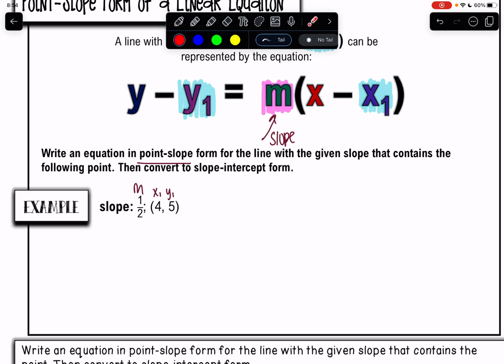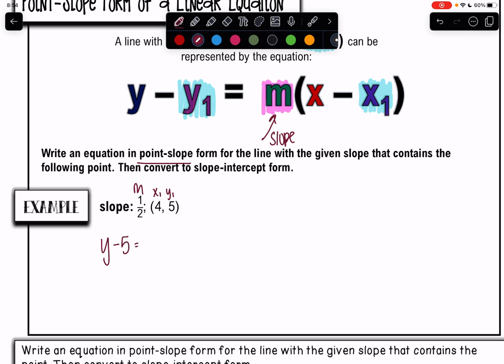So we leave this y and this x alone. We also automatically put minus signs. Just like with our slope formula, they have minus signs here. So if I just want to put this into the equation, I would write y minus automatically, no matter what. Then the y1 value comes from the y value of the point that you're given, which is 5.